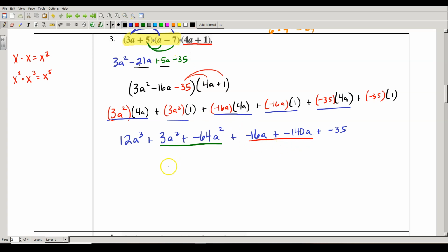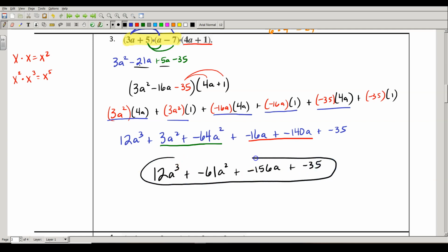And so our final answer would be 12a cubed plus a negative 61a squared plus a negative 156a plus negative 35. And there's our final answer there.